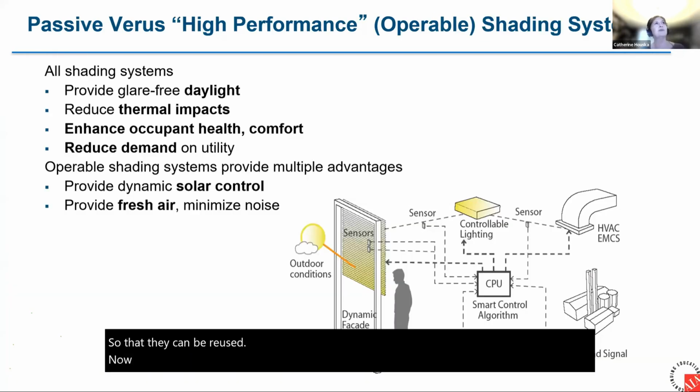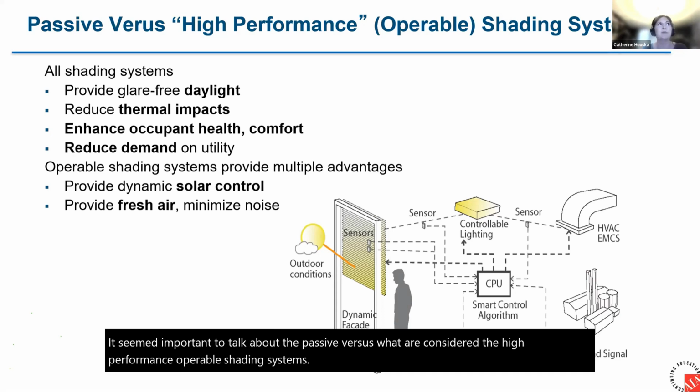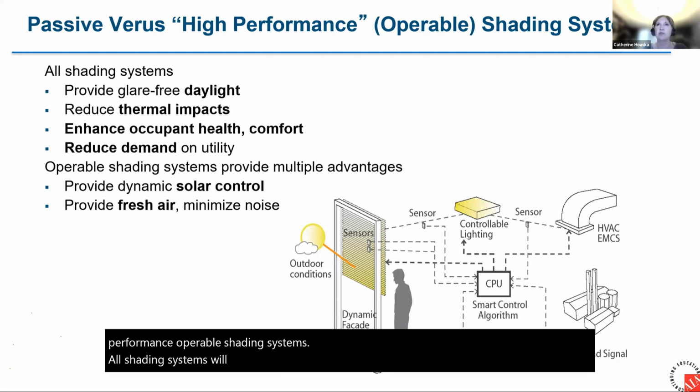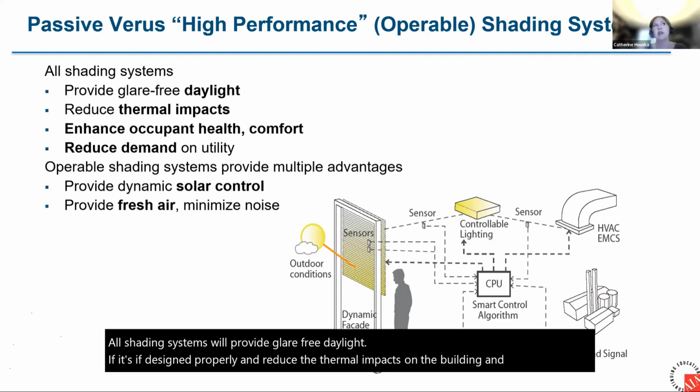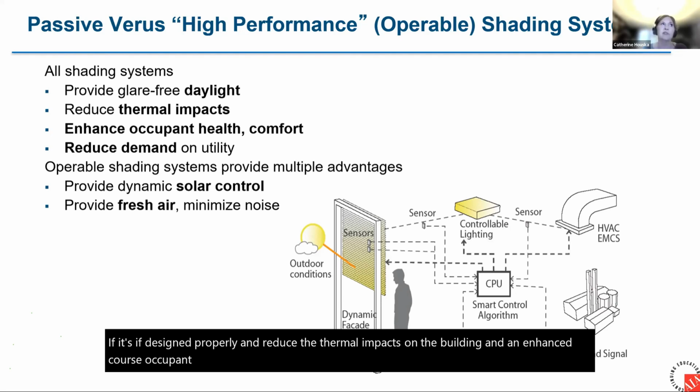Now for some examples of sunscreens. It seemed important to talk about the passive versus what are considered the high performance operable shading systems. All shading systems will provide glare-free daylight if designed properly, and reduce the thermal impacts on the building and enhance, of course, occupant health and comfort, and reduce demands on the utility.